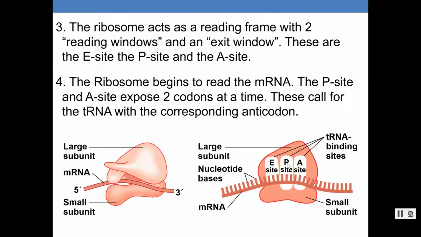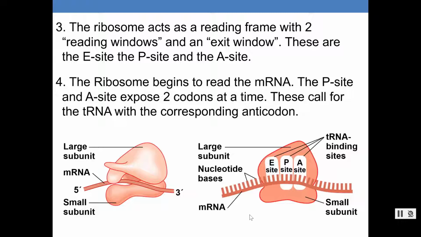So there's a tRNA in the P site, and it's going to be holding on to the growing polypeptide chain. You'll see how that works in a minute. And then the last site is called an E site, and E stands for exit. So once it moves into this space, the next thing that happens is that it leaves the ribosome, because the ribosome has to move over the mRNA so that we can keep this process going. All right, so let's look at how this happens.